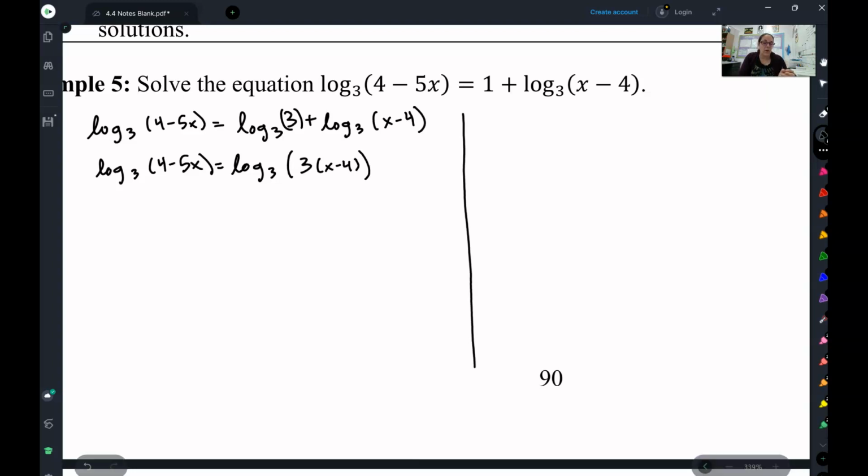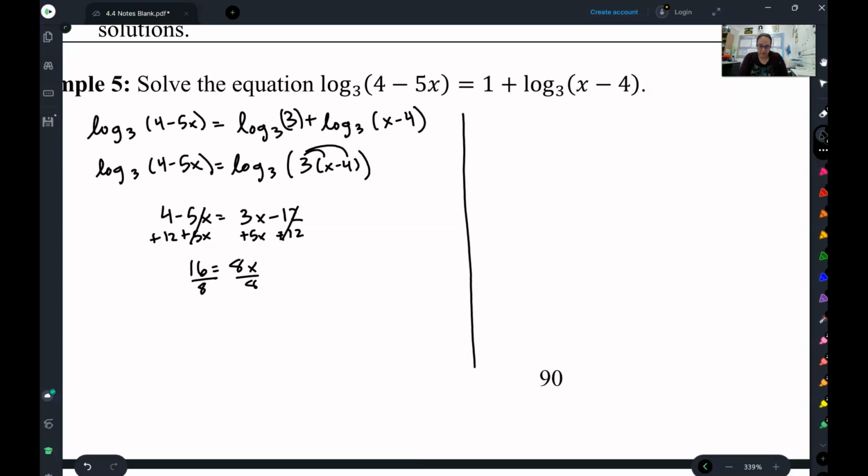And now I have logs of the same base, 1 log on each side, so that's my one-to-one property. So I can just set the insides equal to each other. Distribute that 3. And I solve from here. Get 16 equals 8x to get x equals 2.